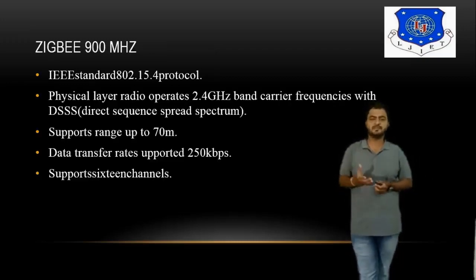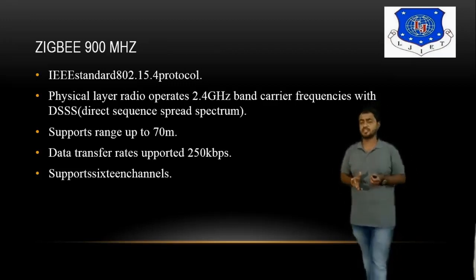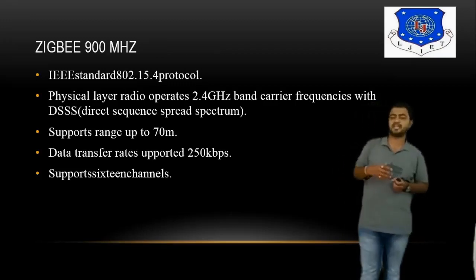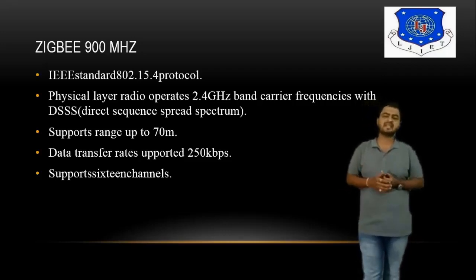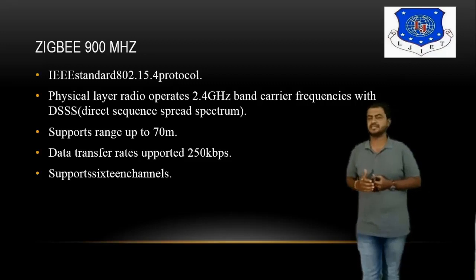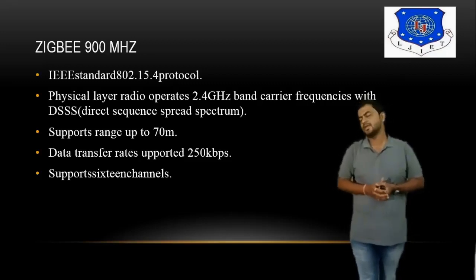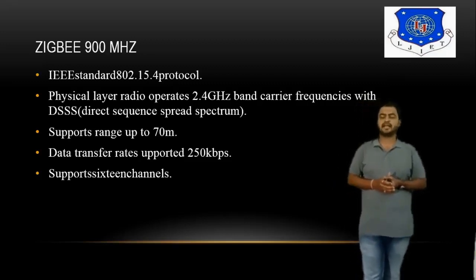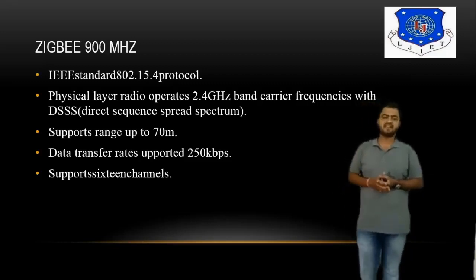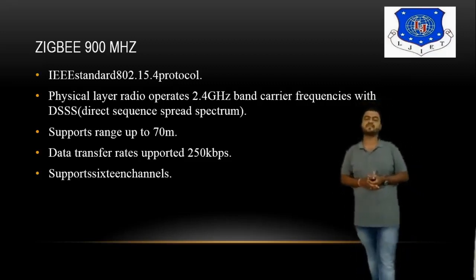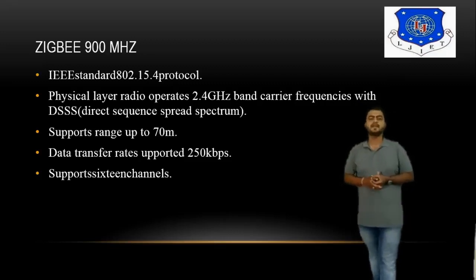Now we are talking about Zigbee. This is one of the most popular communication protocols nowadays that people are using in different applications, related to drones or any embedded devices. Now what is Zigbee? It stands for the IEEE 802.15.4 protocol.